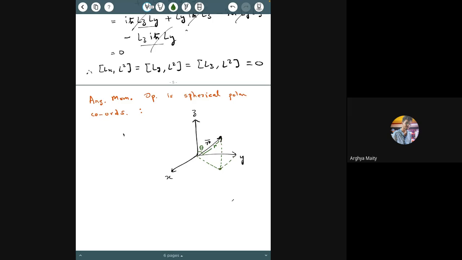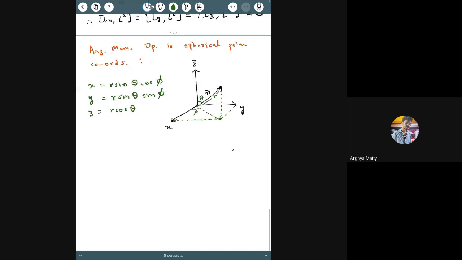So this is the point which is projected on the xy plane, and the angle that it makes with the x-axis. Okay. So this is the definition of the three quantities, and then x is equal to r sine theta cos phi, y is equal to r sine theta sine phi, and z is equal to r cos theta.